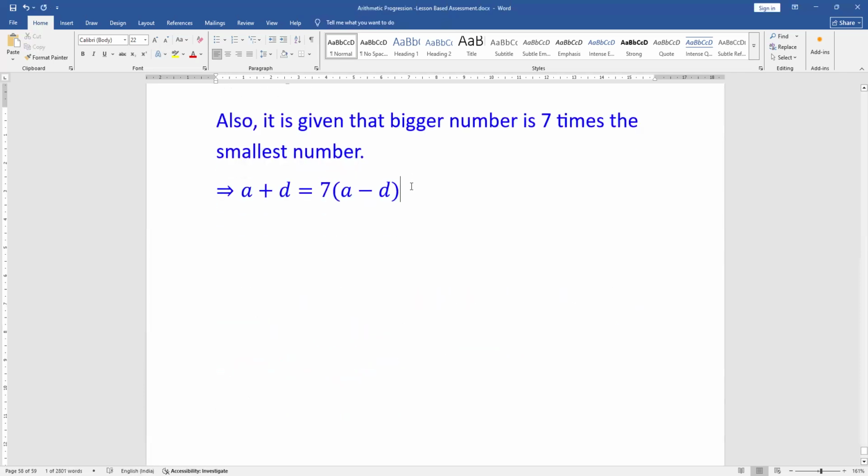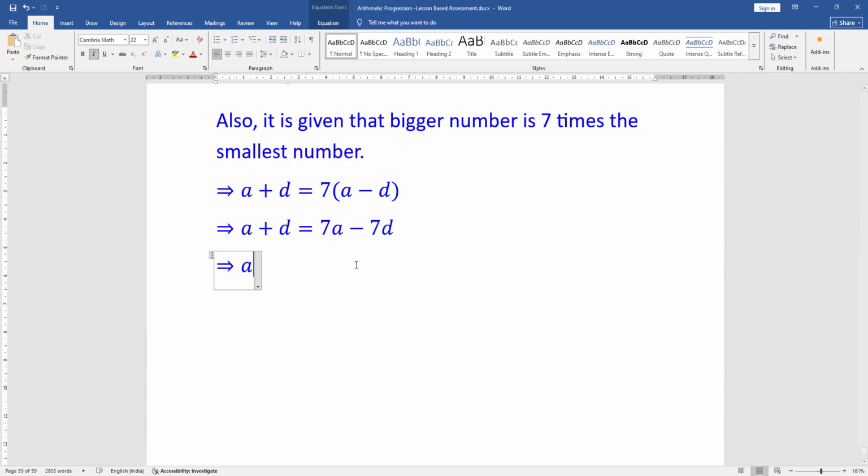That's how we should write. Then in my next step, write a plus d equals 7 multiplied by a, 7a, minus 7 into d, that is 7d, like that.